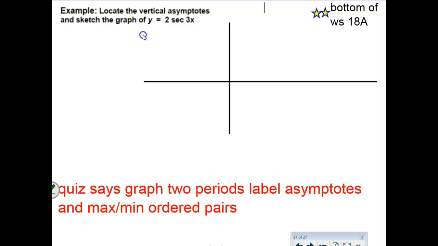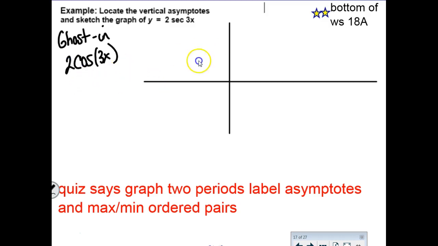They want you to graph 2 times the secant of 3x. But we're actually not going to start with that function. We're going to start by ghosting in what function? 2 times the cosine of 3x. Very good. So all the stuff that you did when you graphed cosine is still going to show up today. This is the start of us graphing secant.